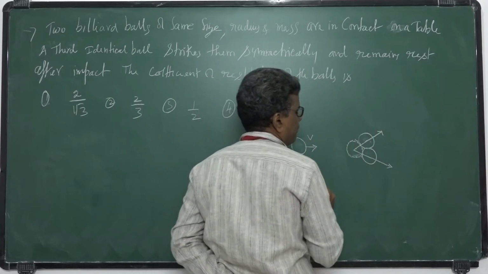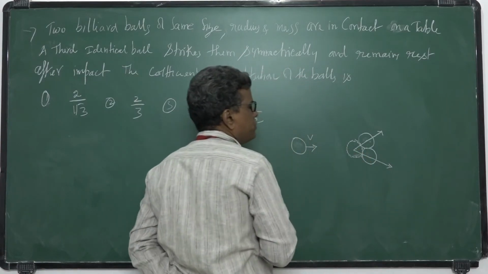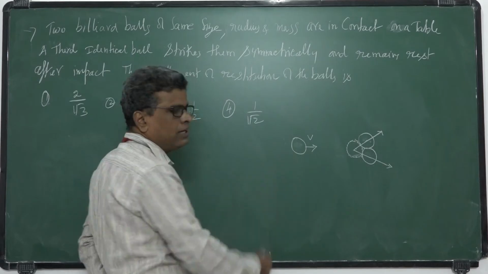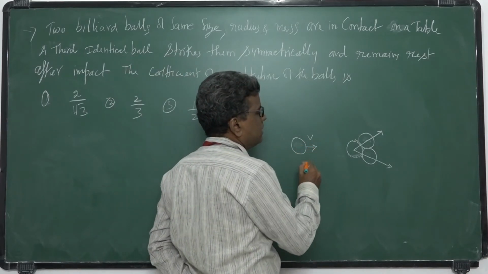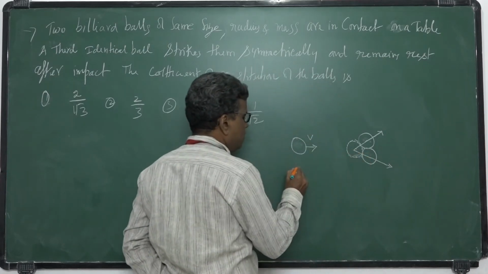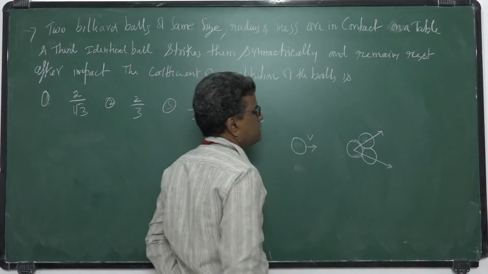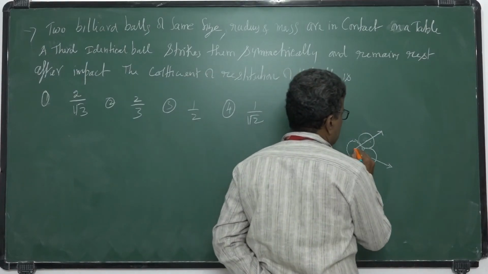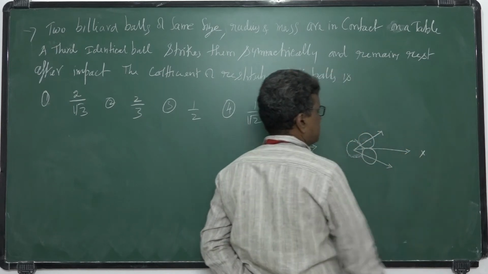I assumed that it is initially moving in the x direction, so its momentum is mv along the x axis. This is the initial direction of motion, which I assumed as the x axis.